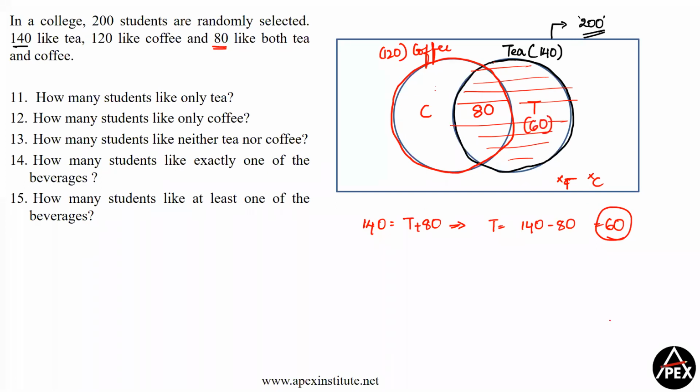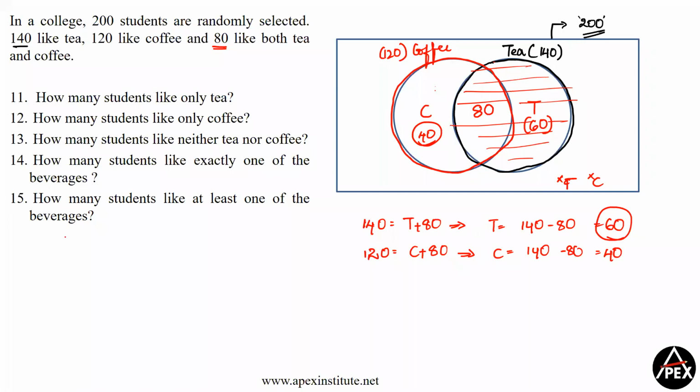Did you understand the difference between drinking tea and drinking only tea? Now, in the same way, the total number of students drinking coffee is 120, which is equal to C plus 80. C is equal to 120 minus 80, which is 40. So we have 40 students drinking only coffee, 80 students drinking both tea and coffee.